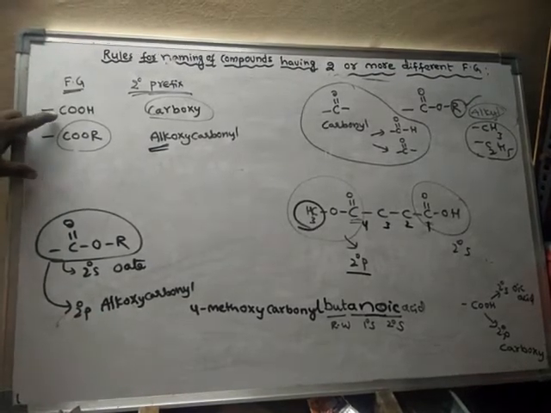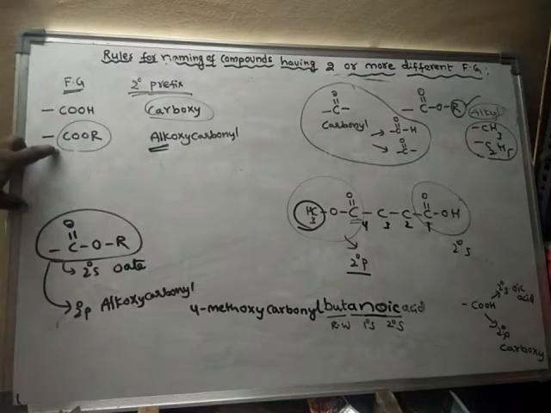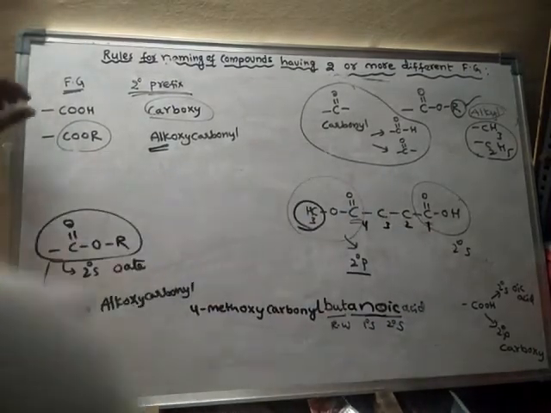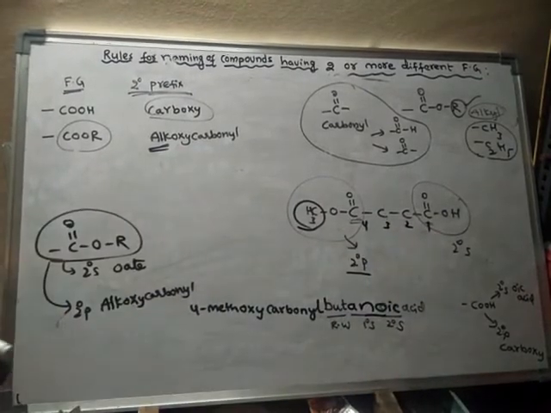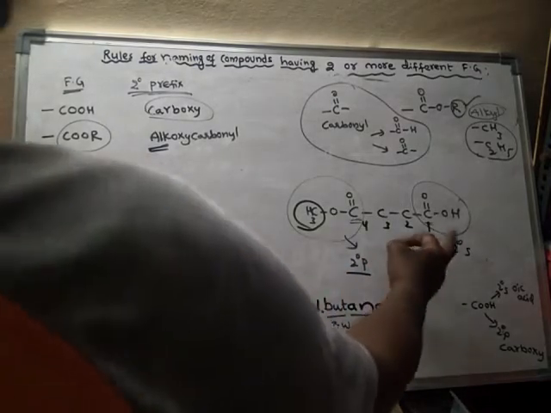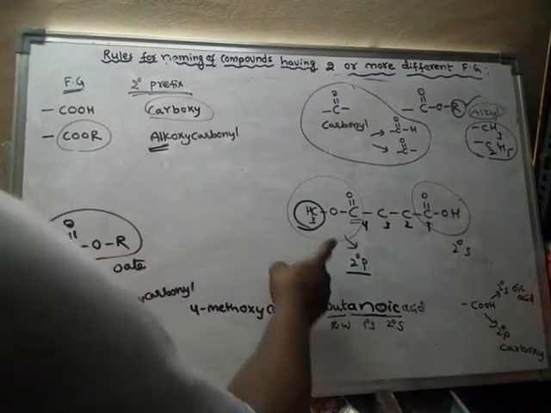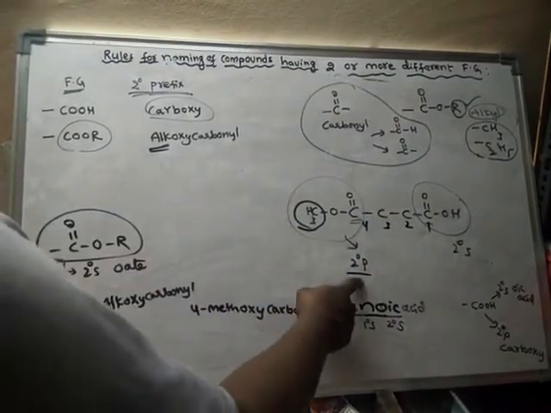So here, when carboxylic acid and ester are both present in the compound, the carboxylic acid becomes the main functional group and the ester becomes the secondary functional group. Then the carboxylic acid receives the secondary suffix name, and the ester receives the secondary prefix name.